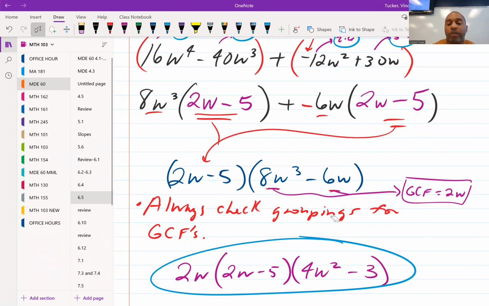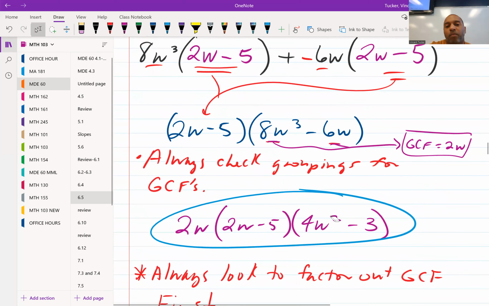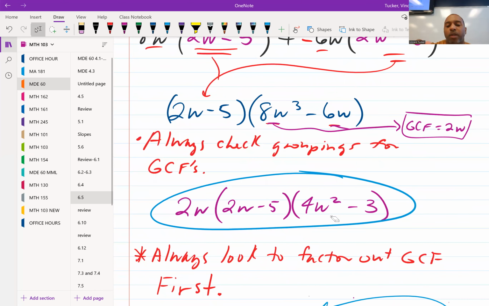So our final factorization will be 2w times 2w minus 5 times 4w squared minus 3. And always look to factor out the GCF first. That way you don't have to worry about it at the end.